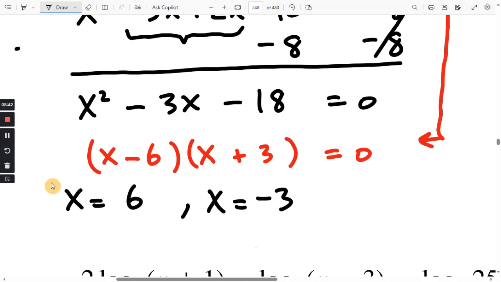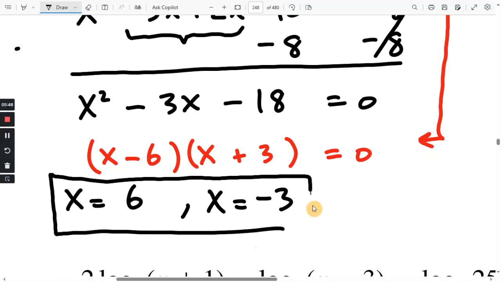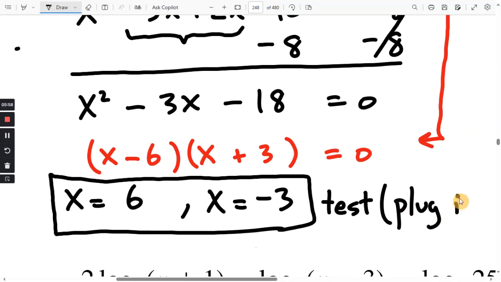Now, for these two, you have to test them by plugging them in. Let's go back to the original.